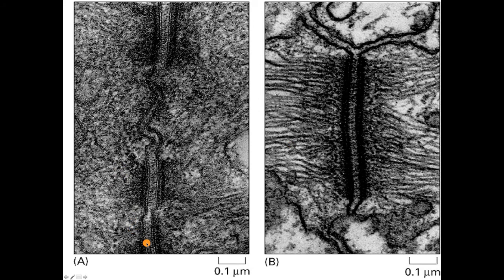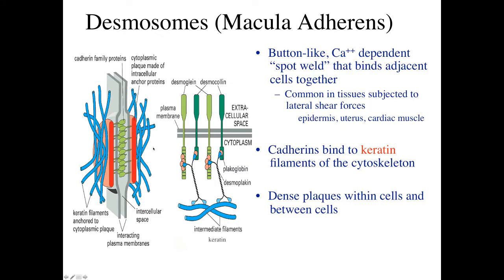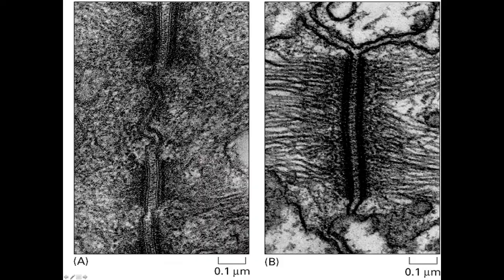In the lower power micrograph, here you see the intermediate filament proteins coming in. Look at the space between the membranes. You get a sense that there are integral membrane proteins from one membrane to another membrane that are actually binding to each other, as suggested in that cartoon.